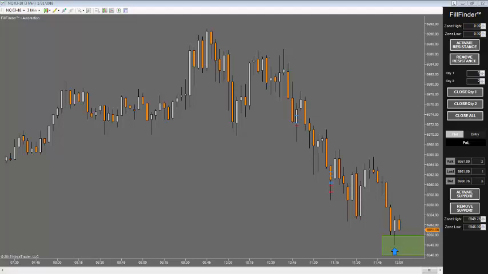So we'll just continue to wait and watch. But just to give you an idea, running this through replay using 5 contracts on the smaller target, 2 on the larger, it still shows a positive for the session so far at $195.